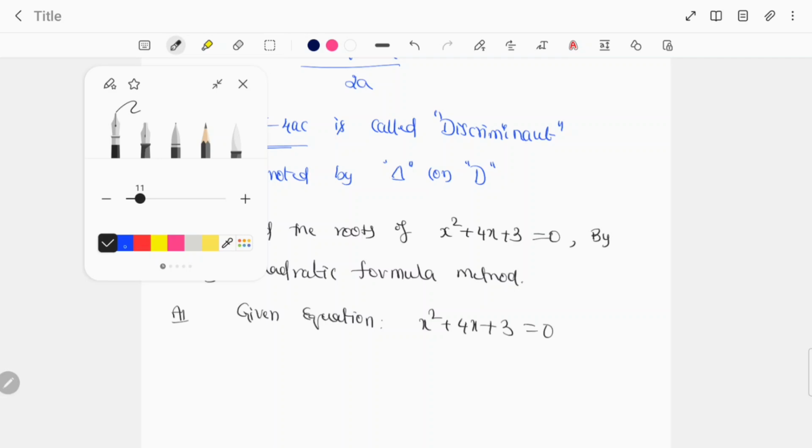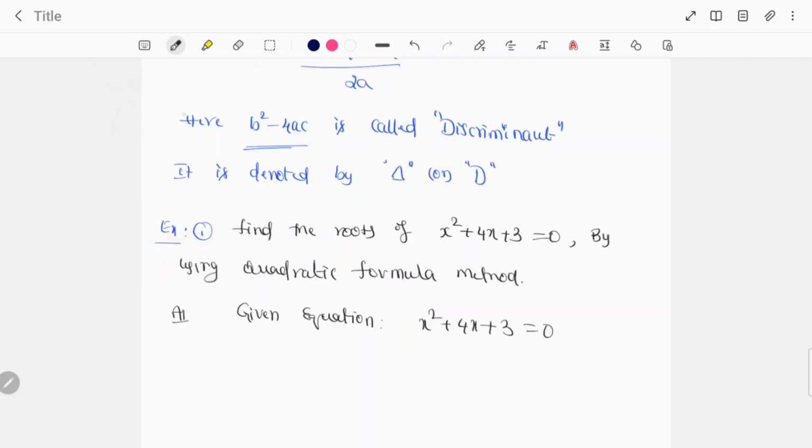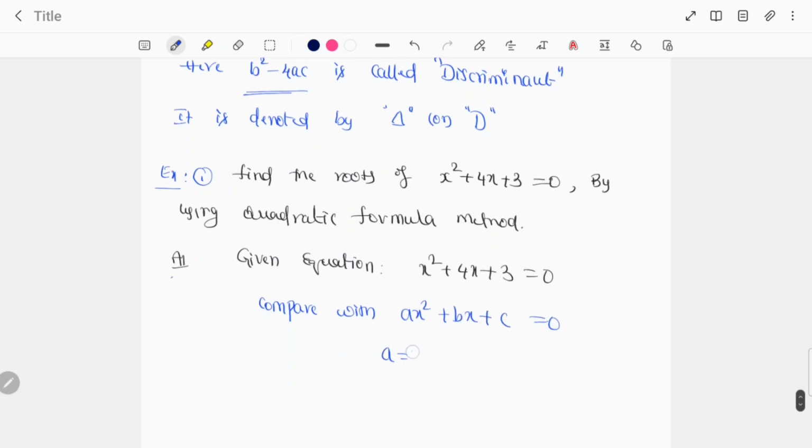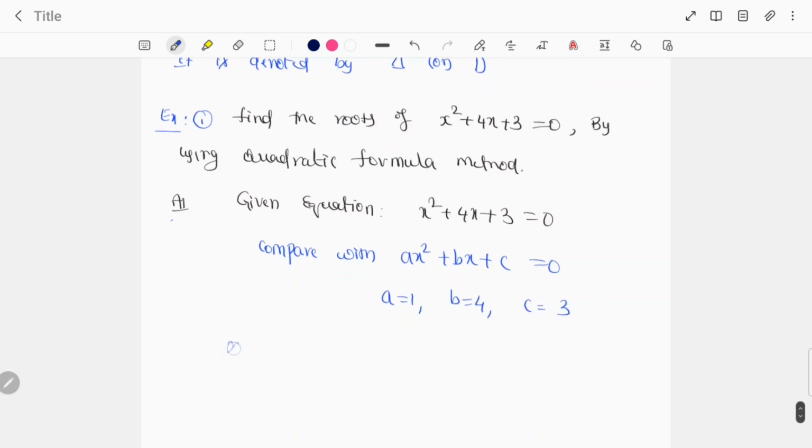So we should compare with the general form of the quadratic equation, ax² + bx + c = 0. So a equals 1, b equals 4, c equals 3. Then the quadratic formula: x equals minus b plus or minus the square root of b² − 4ac, by 2a.